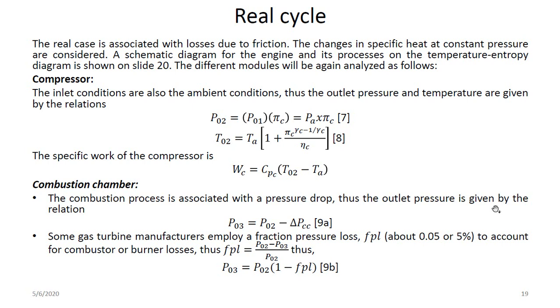So this pi C raised to this ratio, then you need to subtract 1. I omitted the 1 here, so it should be pi C raised to (gamma C minus 1) over gamma C, minus 1, over eta C, the efficiency of the compressor. So please take note. Here I made a typo.